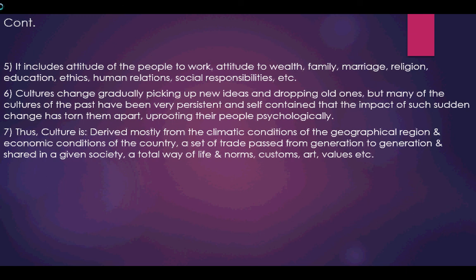Culture has existed since times immemorial. Thus, culture is derived mostly from the climatic conditions of the geographical region and the economic conditions of the country. A set of traits passed from generation to generation and shared in a given society, a total way of life and norms, customs, art and values, constitute a culture.